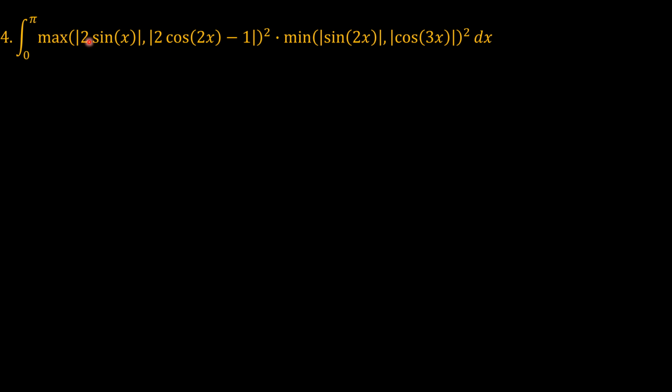I think when somebody looks at this problem, the quick temptation for them is to rush in and try to plot out and see where 2 sine x is greater than 2 cosine x and so on.